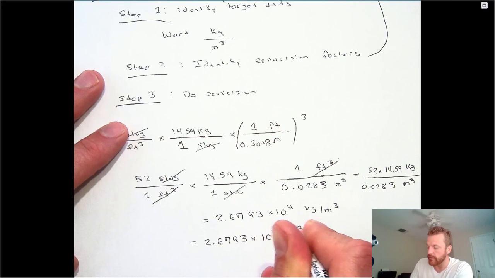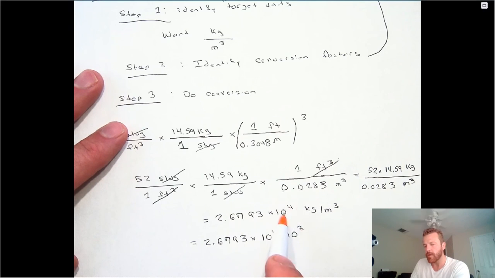What I want to do is rewrite the order of magnitude that I have, 10 to the fourth, as a product of two orders of magnitude. One, which is valid for engineering notation, 10 to the third, and the other being whatever I need in order to get back to my original result. So 10 to the fourth is close to 10 to the third.